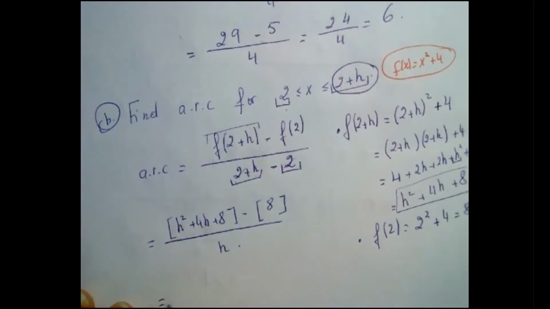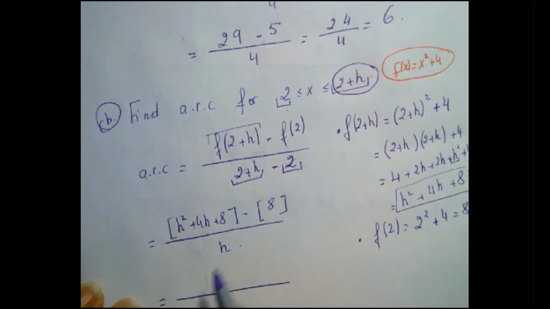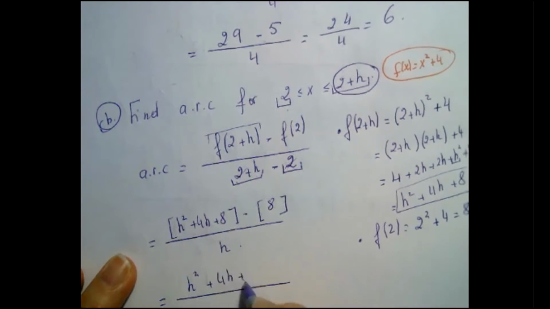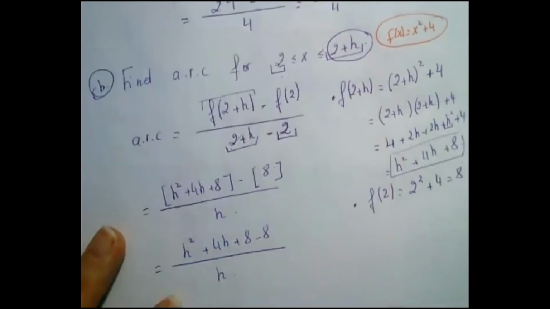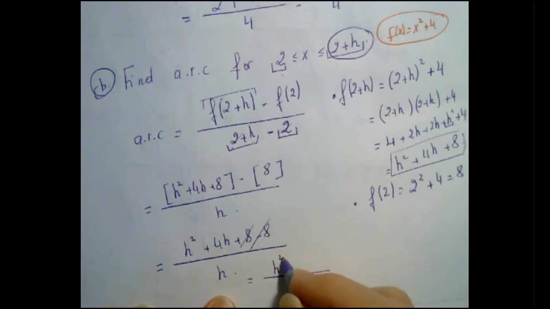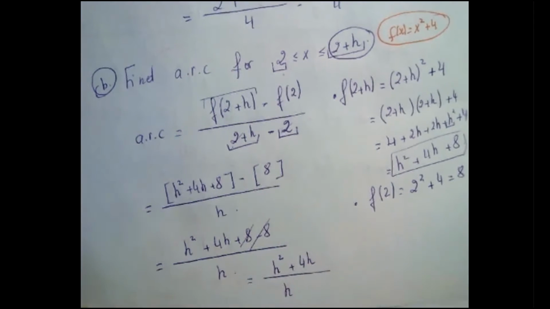And finally, I will get h squared plus 4h plus 8 minus 8, divided by h. Right? So those will go away, and I will be left with h squared plus 4h divided by h.